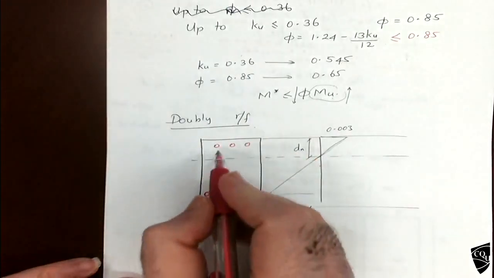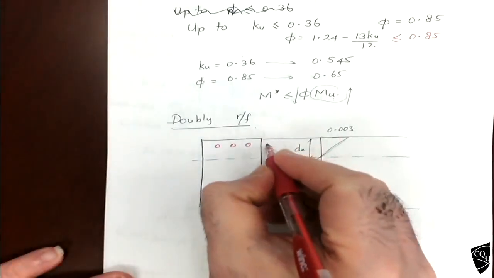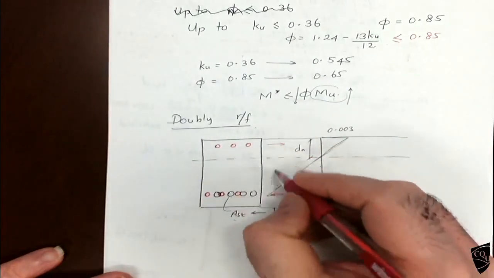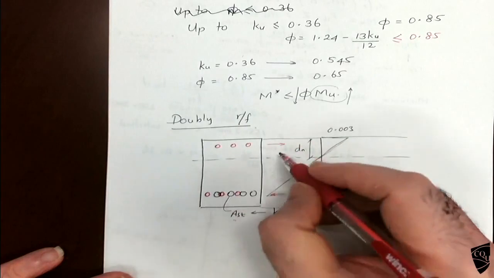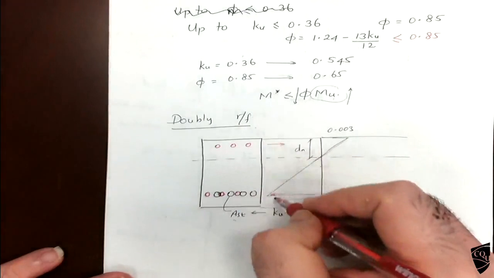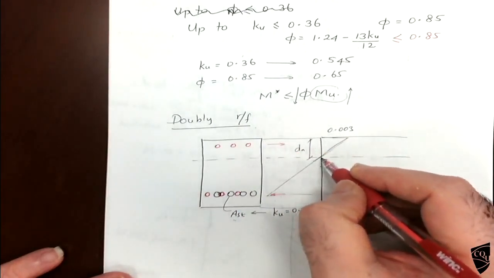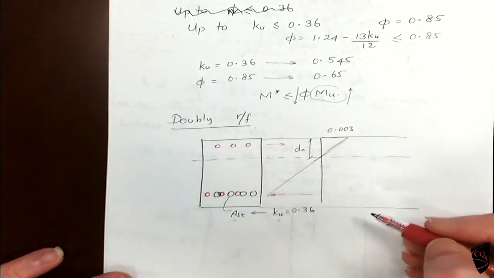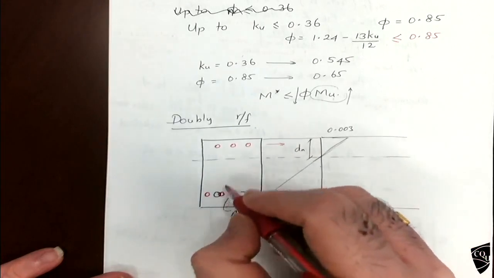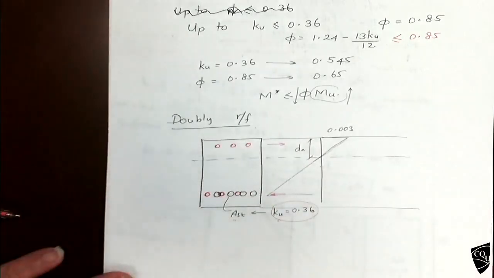This red color will balance the forces. This force and this force, not area, will be balanced. If you have balanced force, the neutral axis will not change. So the dn doesn't change, the Ku is still 0.36, but I put additional steel here and there, so I can get higher moment capacity.